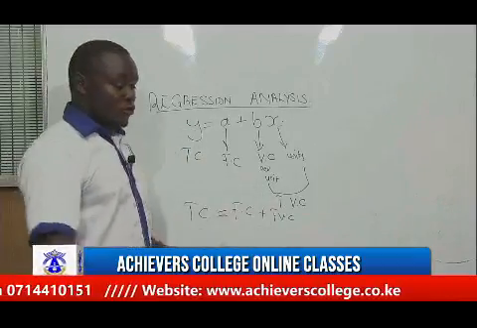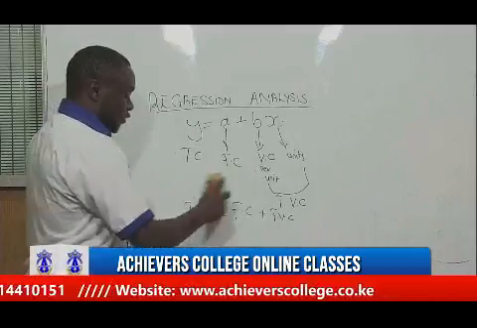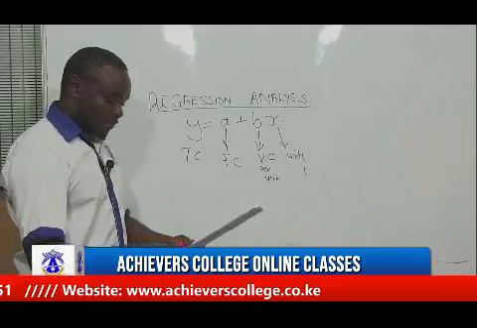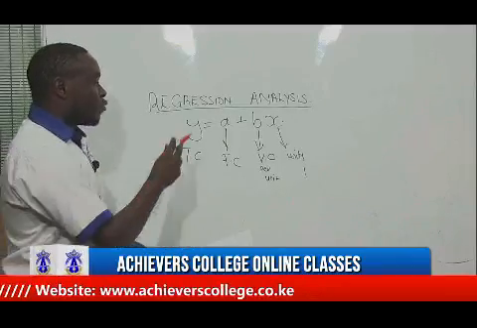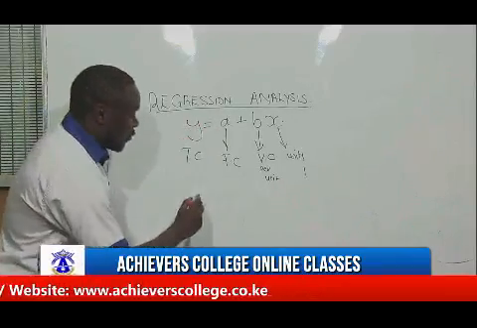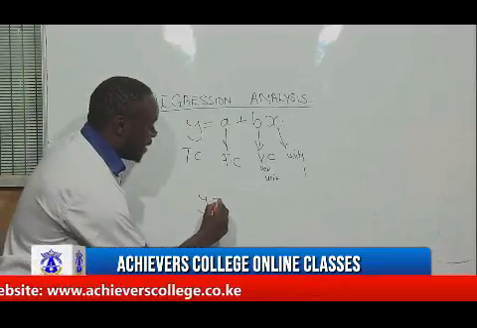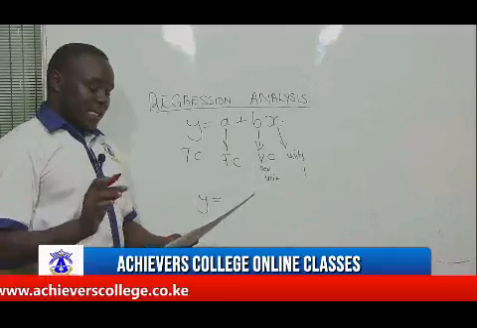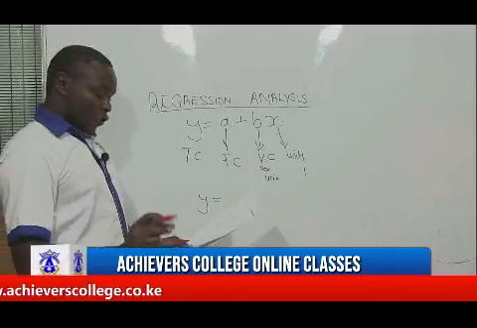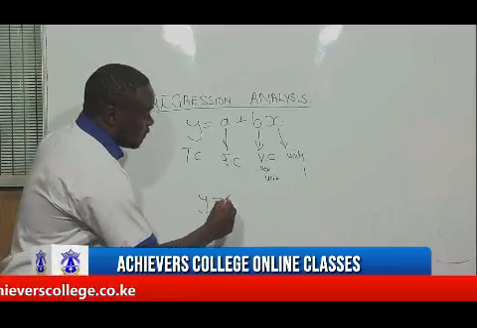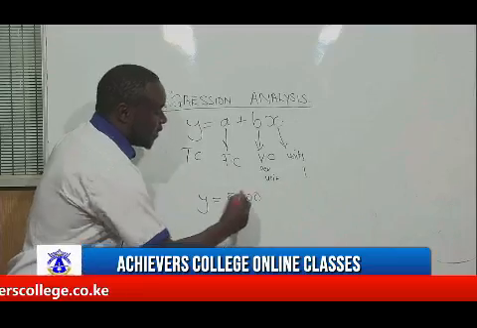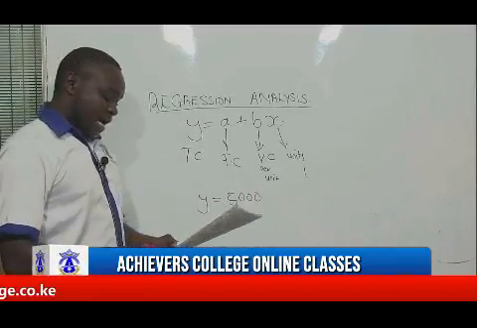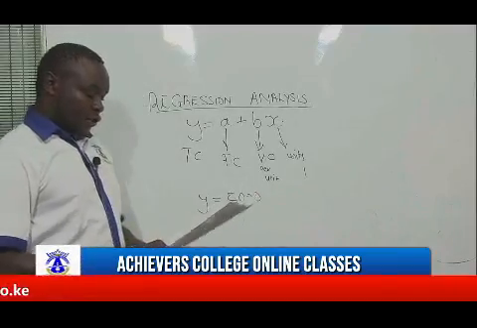This is how you tackle this. I would like you to follow me clearly. We are examining the total cost, whereby we have our y, which equals the fixed cost, which in our illustration is 5,000.